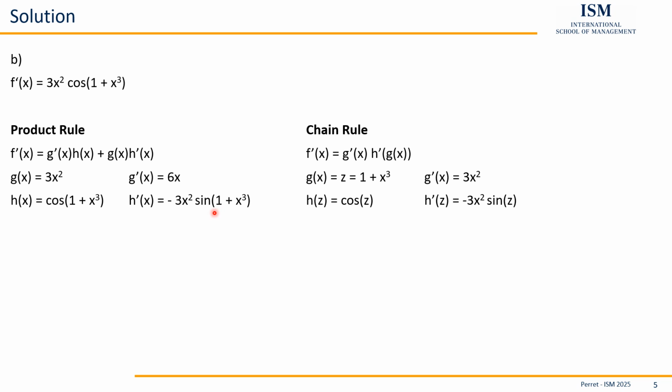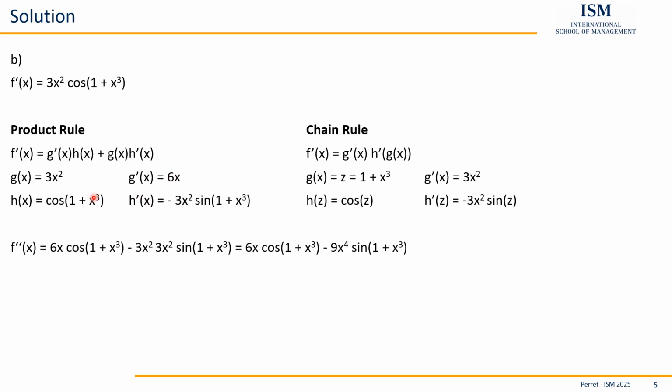Then I have all the parts I need to use the product rule. I'm going to multiply them crosswise. So those two plus those two multiplied, giving me this result.